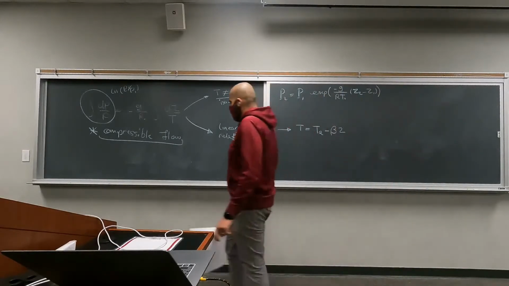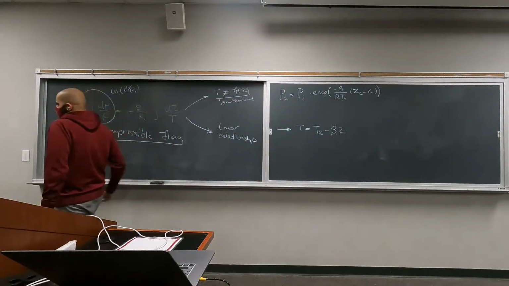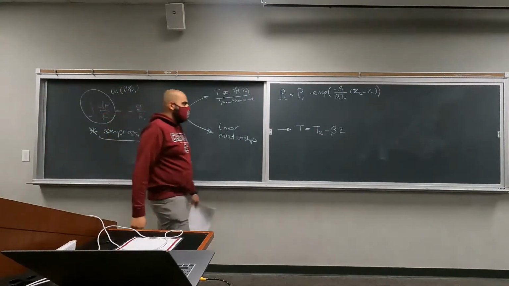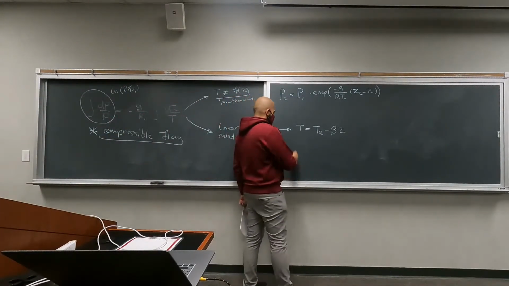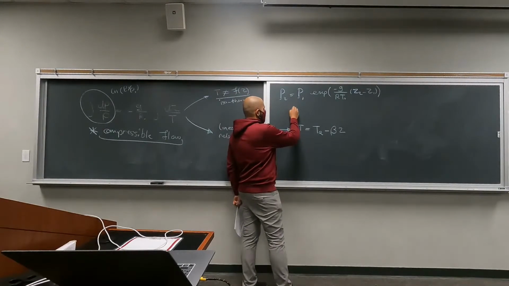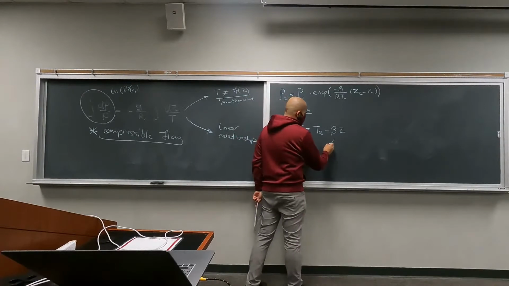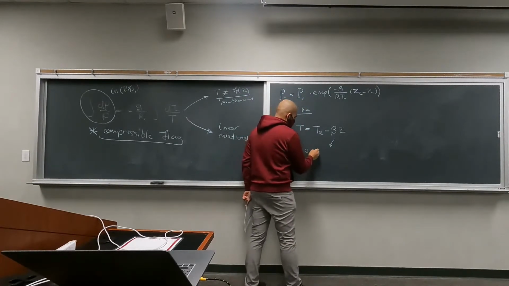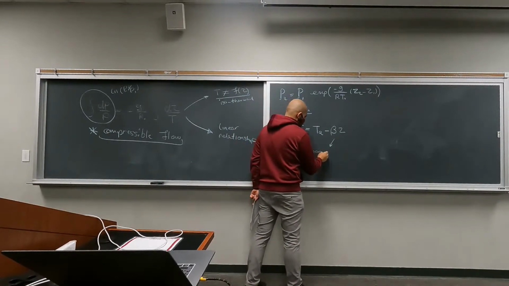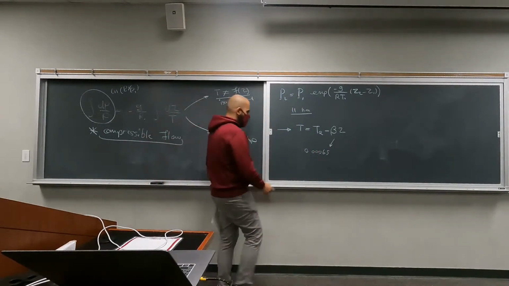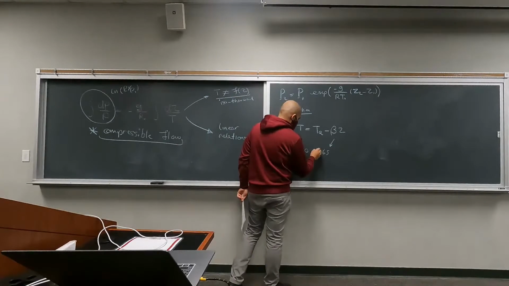If you're dealing with the surface of the Earth up until an altitude of 11 kilometers, this beta in SI is going to be 0.00065. There are two zeros, always get this right.